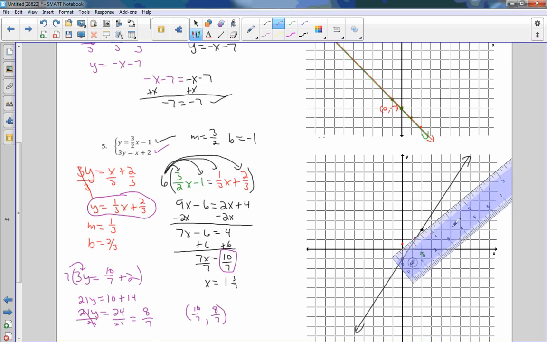And then when I bring my ruler over, and this is where being accurate with your ruler is really important, because that's how we find where two lines intersect. Okay, so again, it's hard to find approximate fractions like this, but now you get the idea as to where the solution to those two equations are.